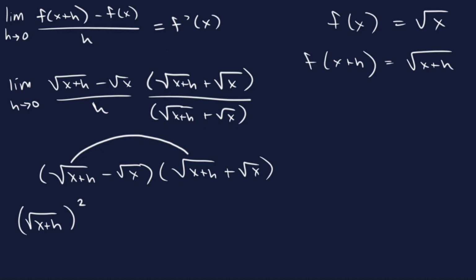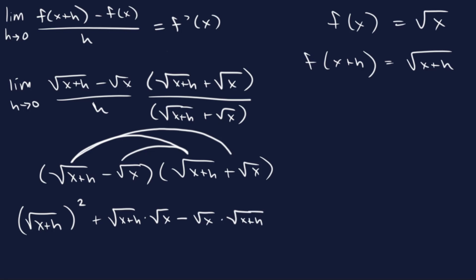So that's how I'm going to write this term. The next FOIL, we have plus the square root of x plus h times the square root of x. And then we have minus the square root of x times the square root of x plus h. And then finally, minus the square root of x times the square root of x, which would be minus the square root of x, and that would be squared for the same reason.